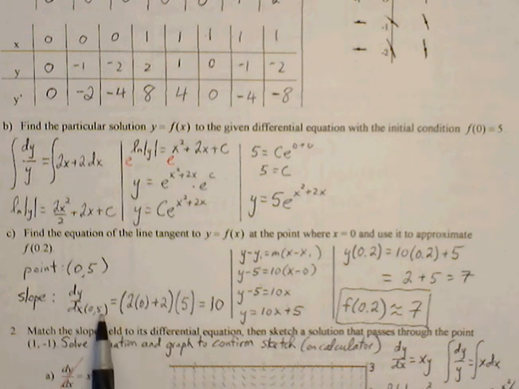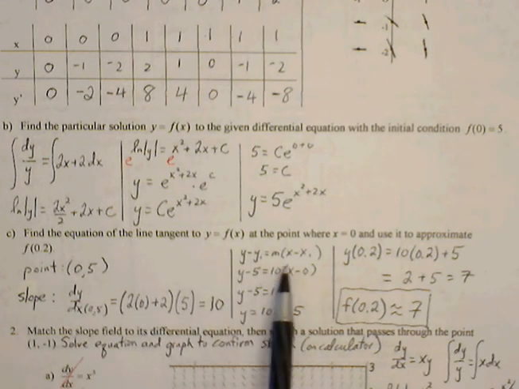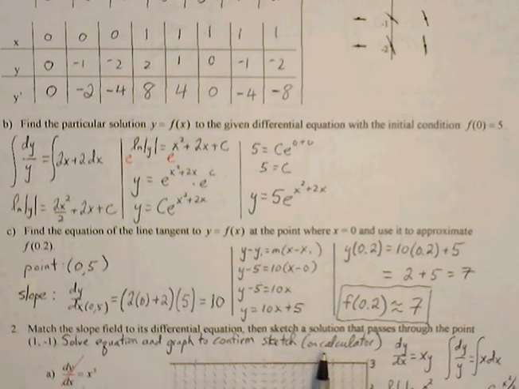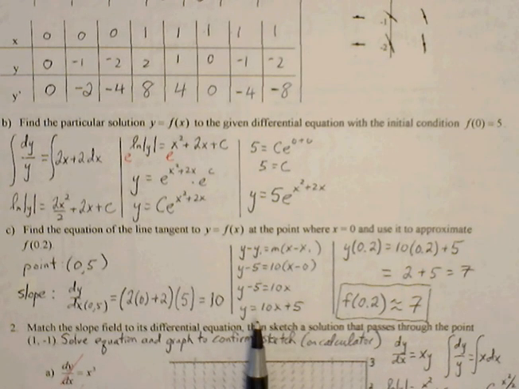When we plug an ordered pair into the derivative, that gives us back the specific slope, the specific rate of change. So we have our slope, we have our ordered pair, and we have our point slope formula. We plug the relevant information in, solve for y, and we get y is equal to 10x plus 5. So here is the equation of our tangent line.